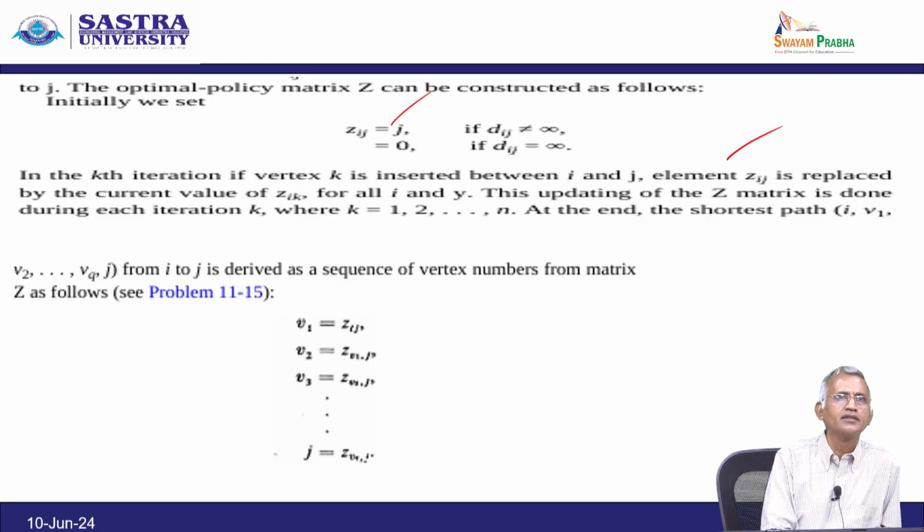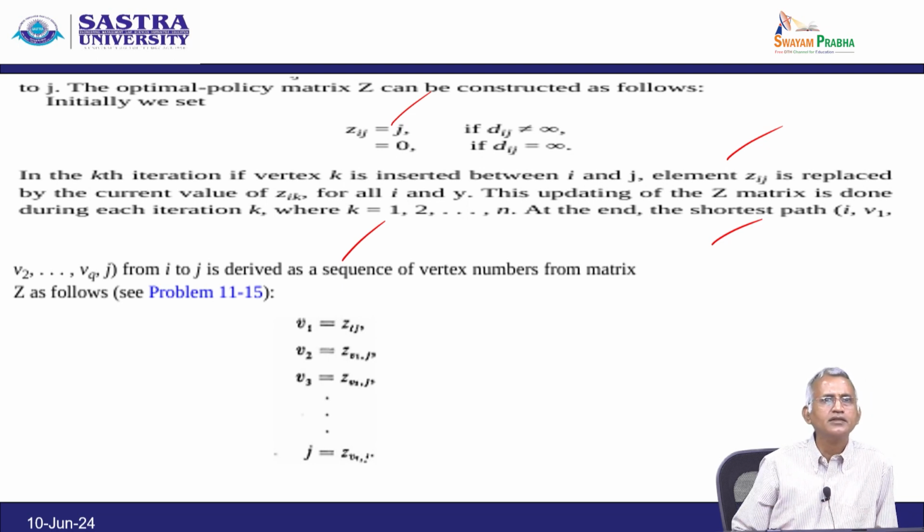Updating the Z matrix is done during iteration k, and at the end the shortest path will be generated: v1 equal to Zij, v2 equal to Z of v1 j, and so on, until j equal to Z of v j.